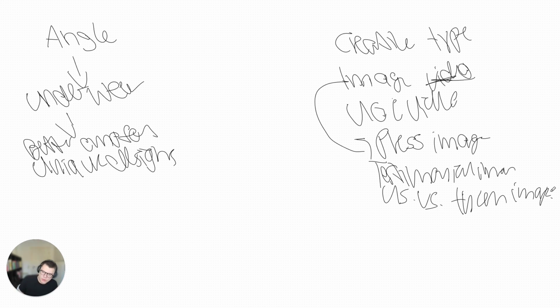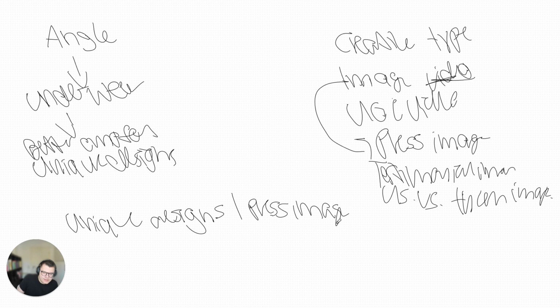And then we kind of combine the angle with the creative type. So, for example, we could have one ad set be unique designs, press image. Maybe there's a press release about our super unique designs out there, right?